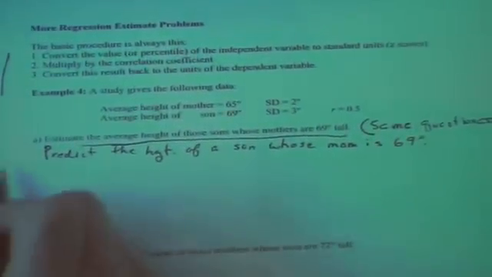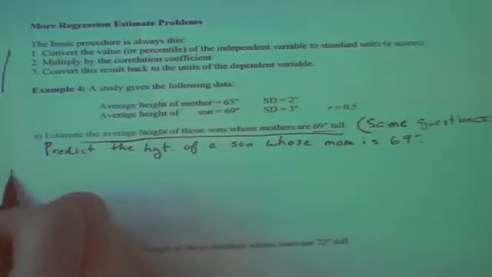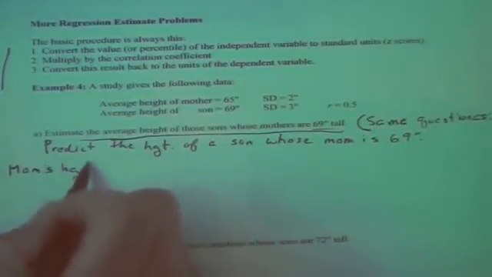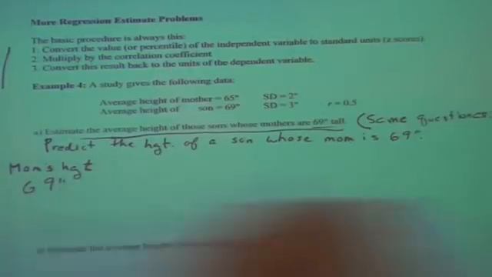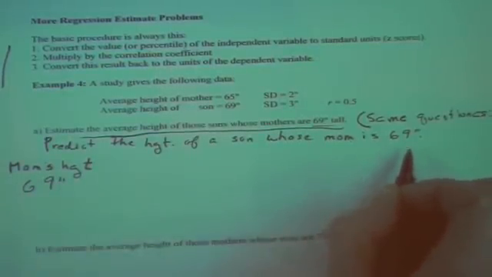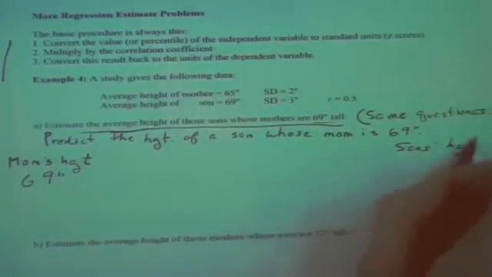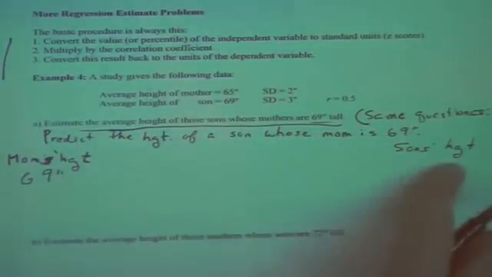Okay, so now how do we do this? Well, here it just tells you what you need to do. You start with what you know, 69 inches. You're starting with the mom's height, and we want to end up with the son's height.